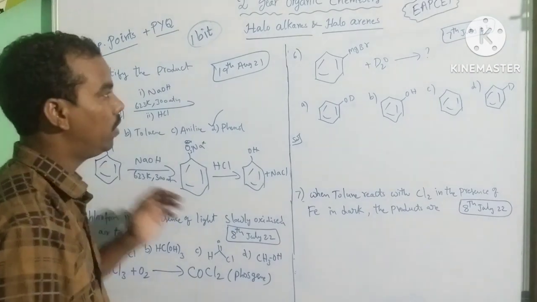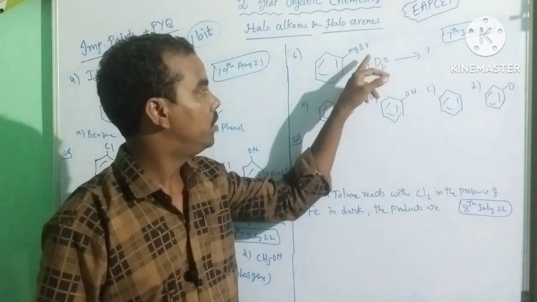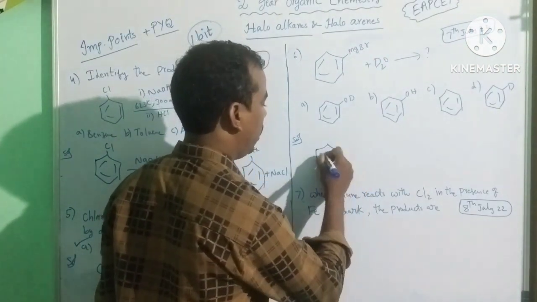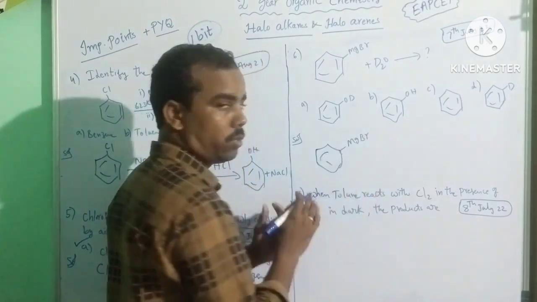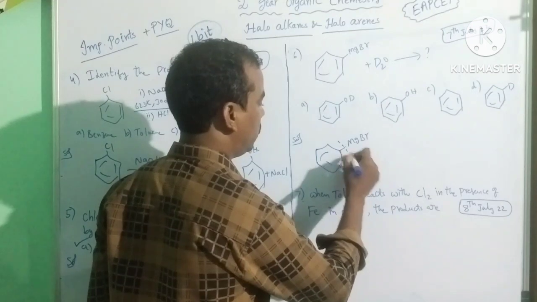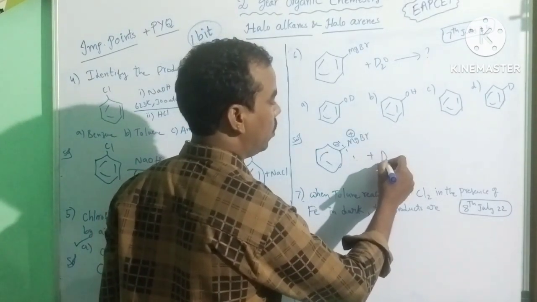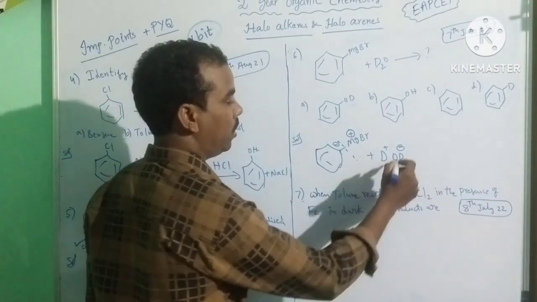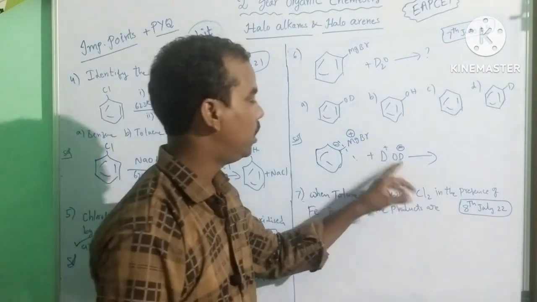Very important, very important. Next, phenyl magnesium bromide, C6H5MgBr, reacts with D2O. Phenyl magnesium bromide can dissociate into C6H5 minus and MgBr plus. It reacts with D2O. D2O means D plus and OD minus. OD minus reacts with MgBr plus, and MgODBr is formed as a byproduct.